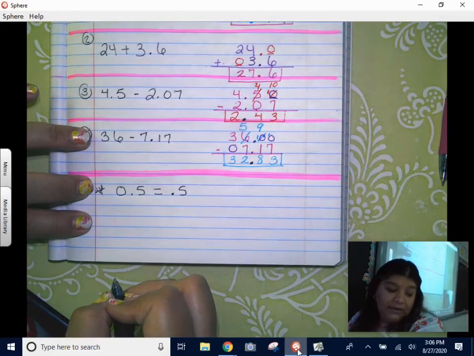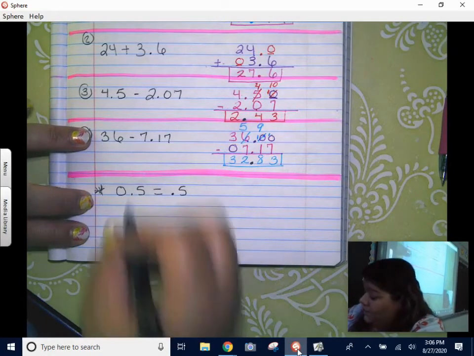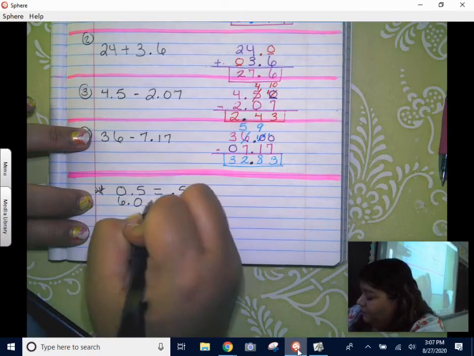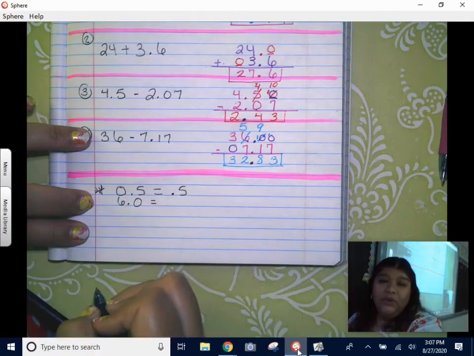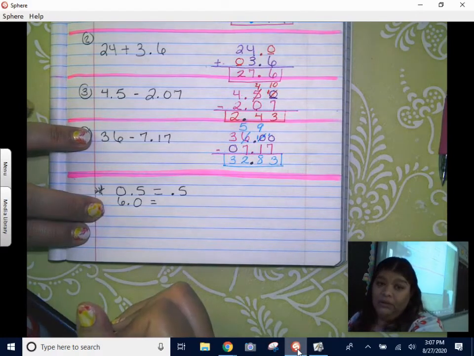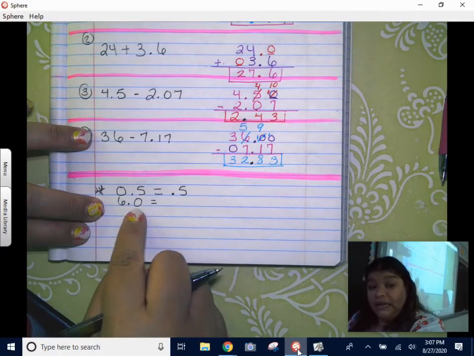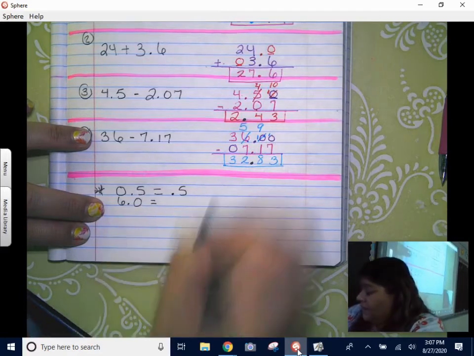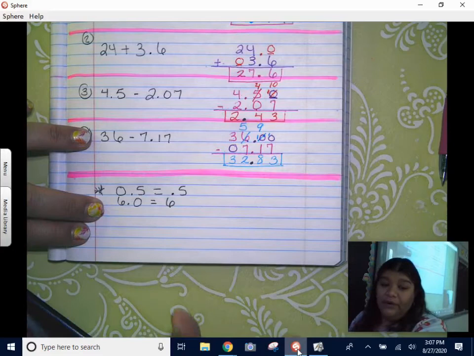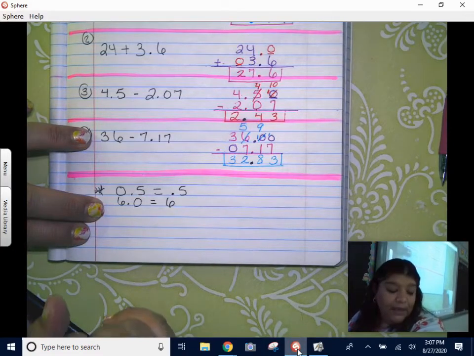So the 0 is not needed, okay? Another big one, if I have 6.0, okay, if you put that into Google Forms or the clickers, when we come back, that will be counted wrong, okay? That 0 is not needed, all right? So you would just have to put in 6, and that's it. Don't put a decimal after it, just put a 6, okay?